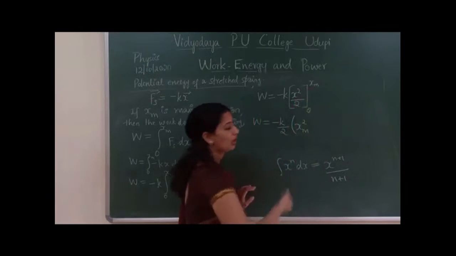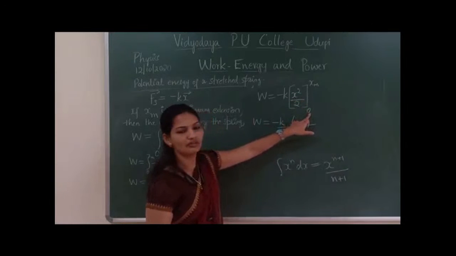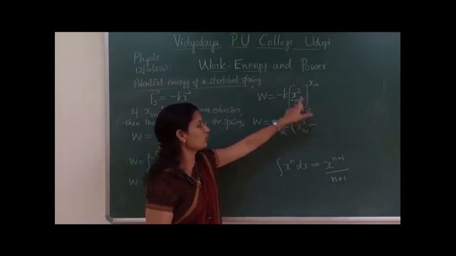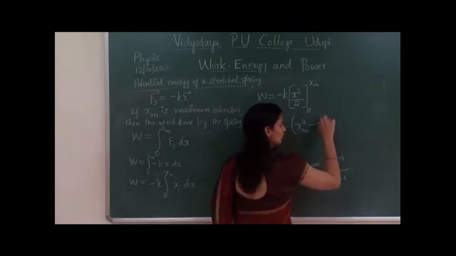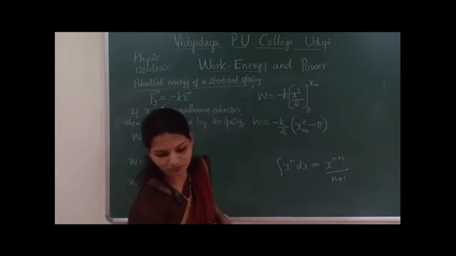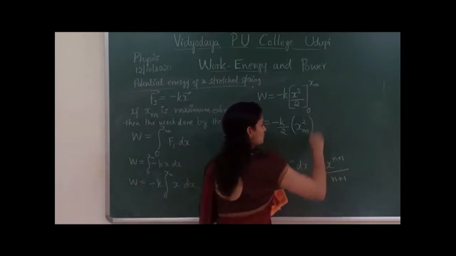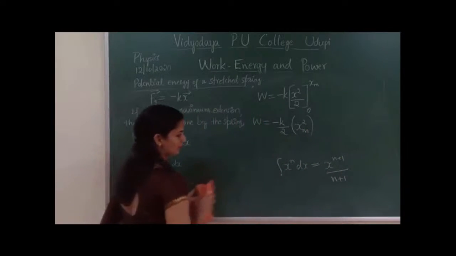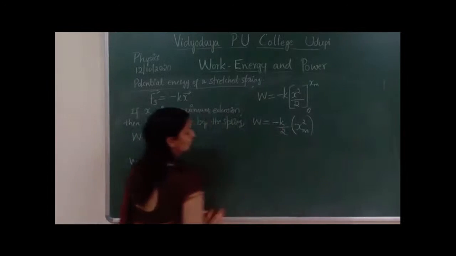So it is 2 minus, in place of x just substitute the value of lower limit, that is 0. So 0 power, again 0 square means also it is 0, right? Then this term vanishes. These things remain, isn't it? So remember this formula.